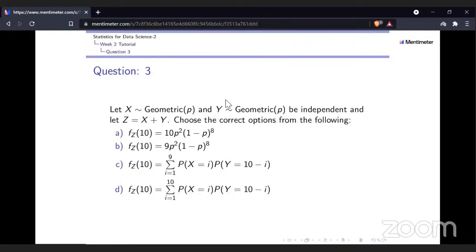Yeah, sure. Yeah, so options B and C are correct. One is the direct formula, that is (n minus 1) times p squared times (1 minus p) to the power n minus 2. And the way this formula was derived is the third option. It's given that X plus Y is equal to 10. So let's assume X equals i and Y equals 10 minus i. So getting its probability, we would take the summation, from i equals 1 to 9.